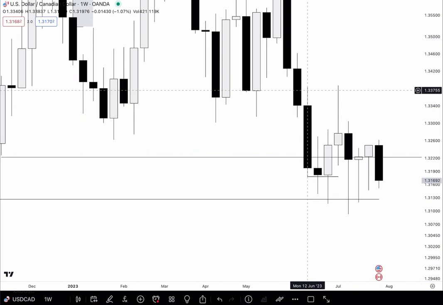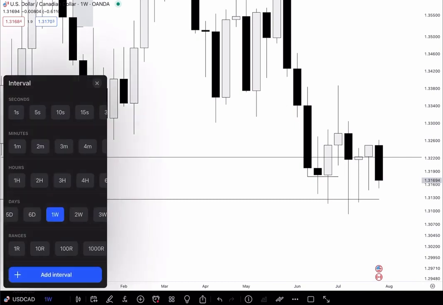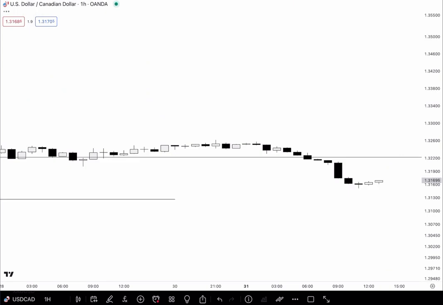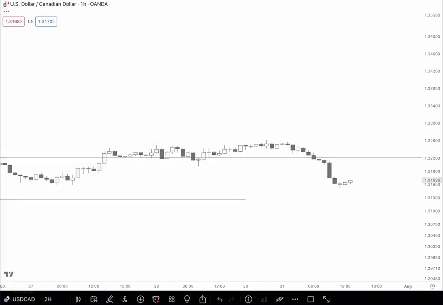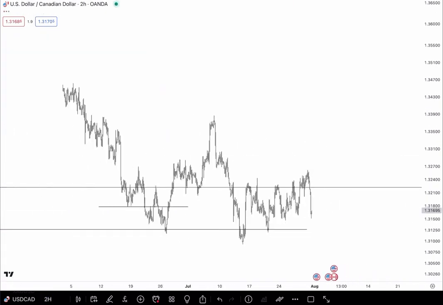If you go back a few episodes, then you'll notice this is exactly the pattern I spoke about. Pattern with a logic. Weekly candle, 2-hour time frame. Check this out.